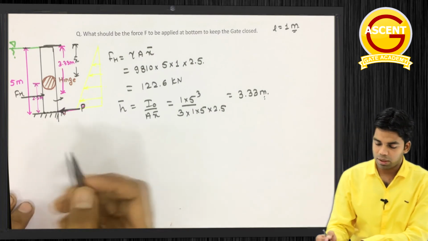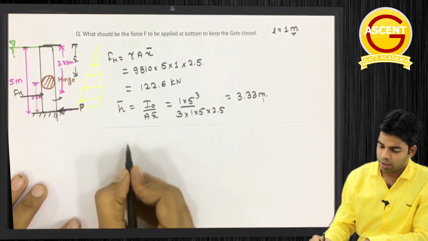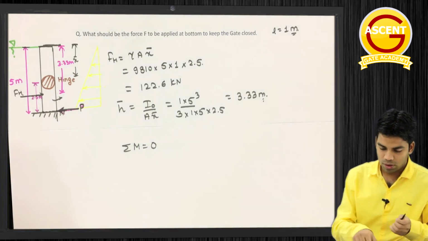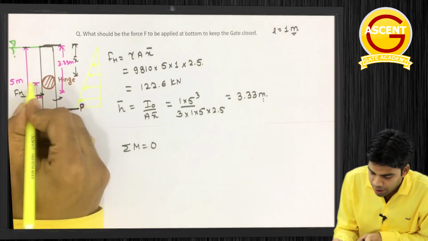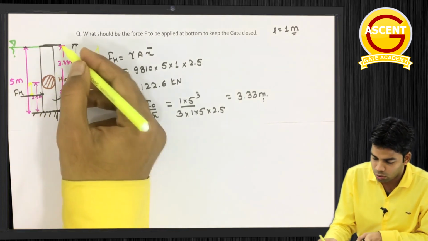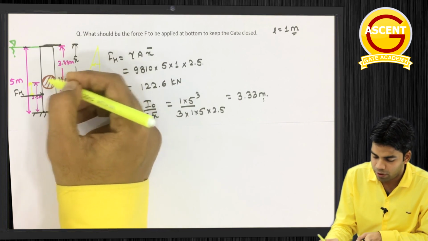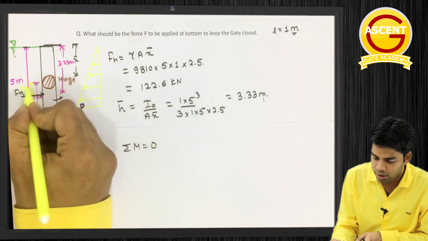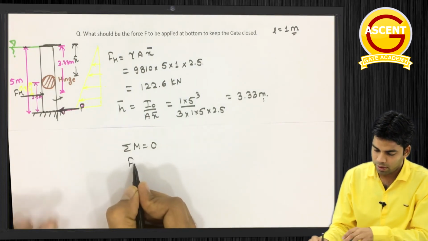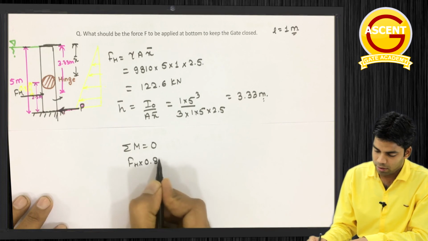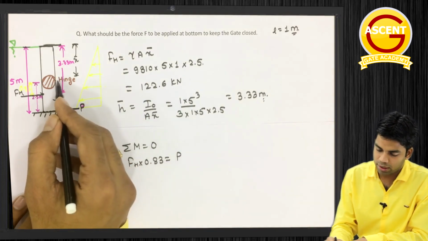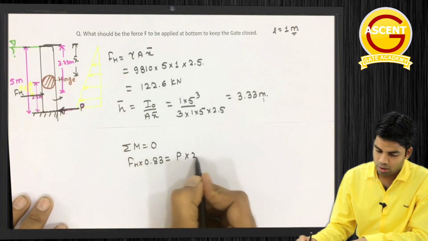So how can we determine now? This is a hinge. So moment about hinge should be 0, or you can say F into this distance, that means the distance from hinge to the center of pressure. How much is this distance? Total is 3.33 minus 2.5, which is equal to 0.83. Getting this? So this will be Fh into 0.83 is equal to P into, we are taking it at this point, distance is 2.5.